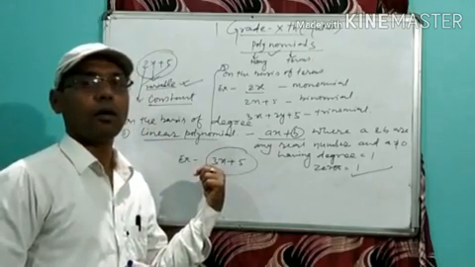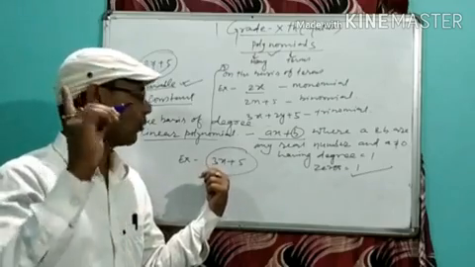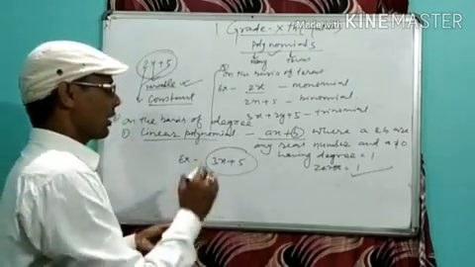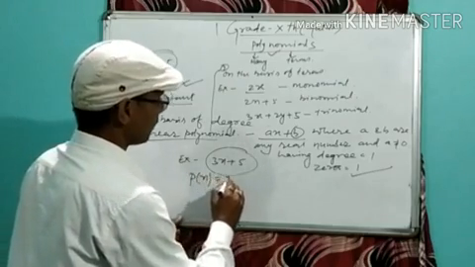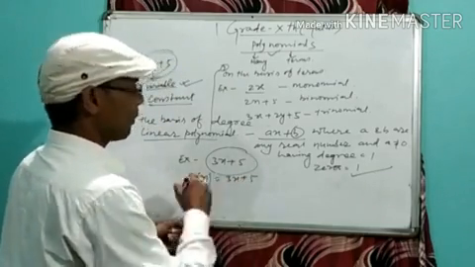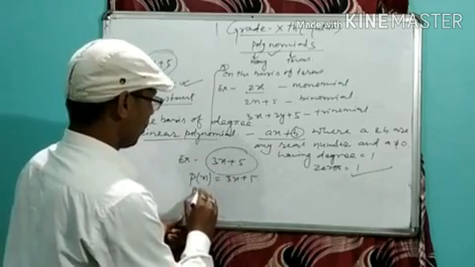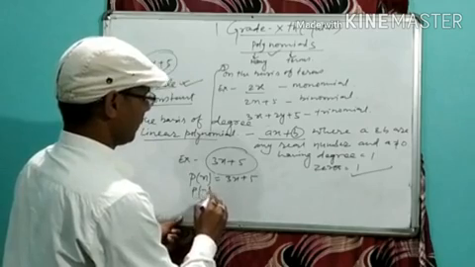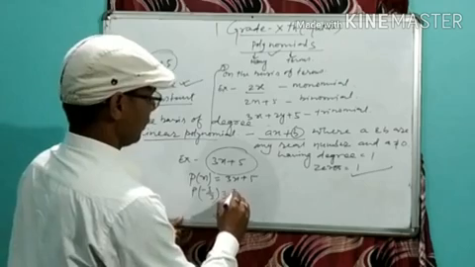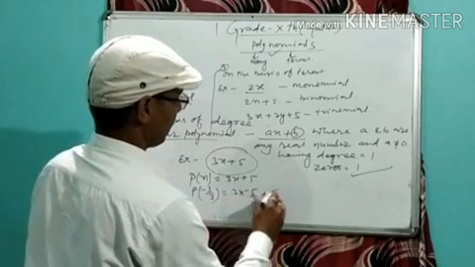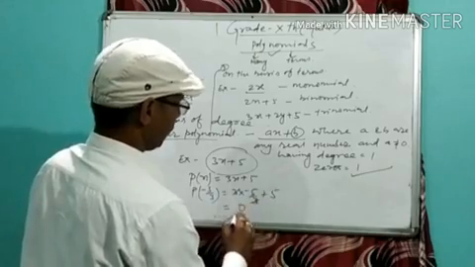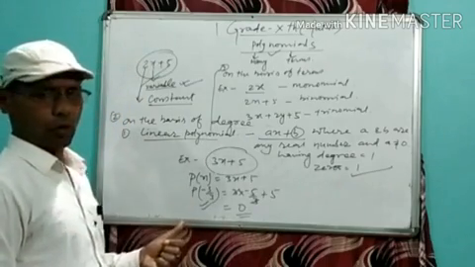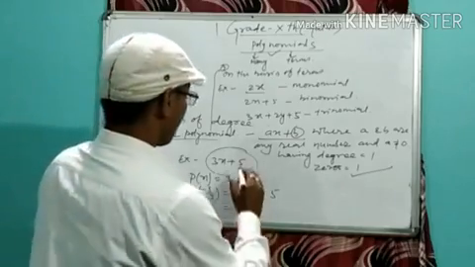This is a linear polynomial in x having degree 1, and certainly it has one zero. Suppose p(x) is equal to 3x plus 5. Which value will satisfy? p of minus 5 by 3 is 3 into minus 5 by 3 plus 5, which cancels to 0. Certainly minus 5 by 3 is the zero of this polynomial.